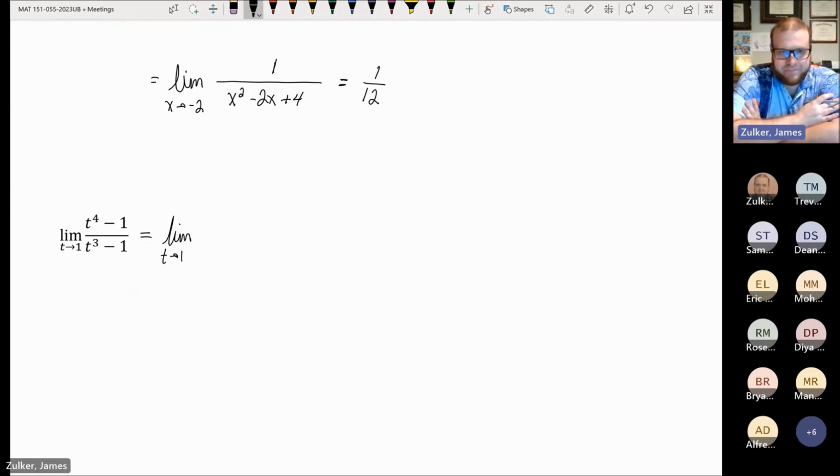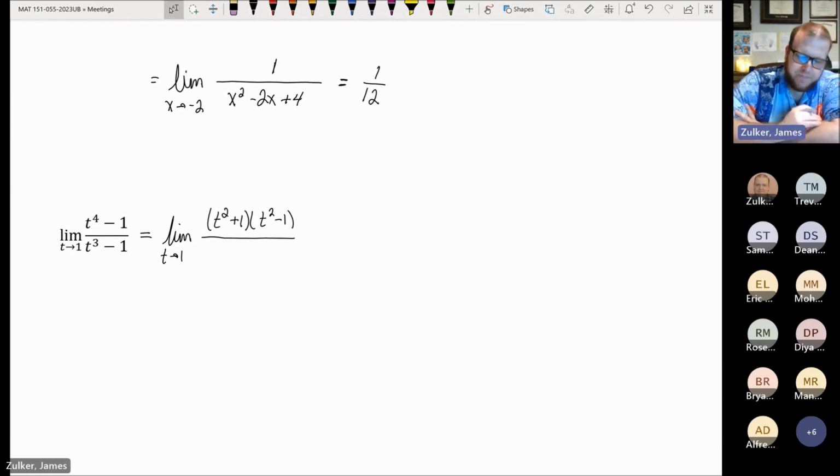Numerator: difference of squares, isn't it? So factor of t squared plus 1 times t squared minus 1. The denominator is a difference of cubes, and that formula was just given.